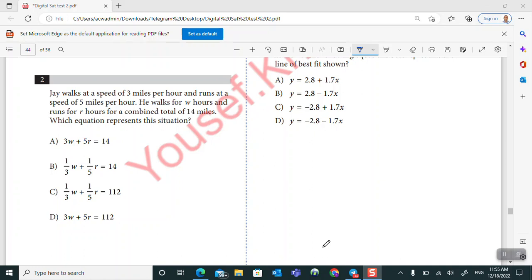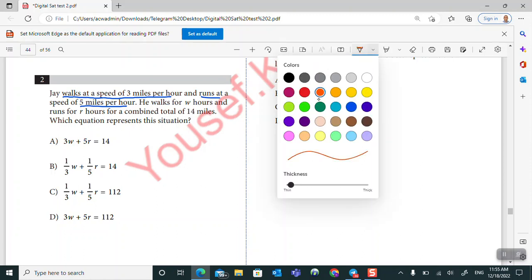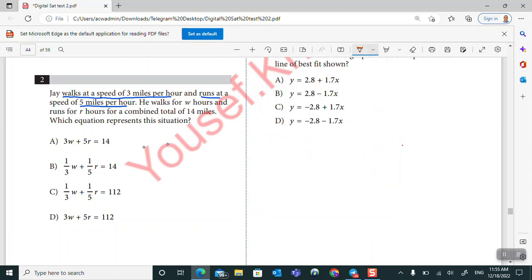Here we have the speed of walking is 3 miles per hour and running is 5 miles per hour, and the combined total miles that he walked is 14 miles.